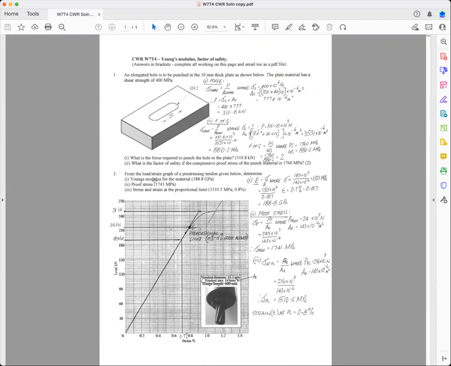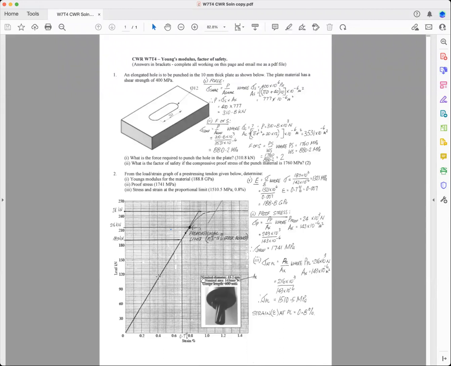Young's modulus is, modulus just means a number, and Young developed this, and it's the modulus of stiffness. And see the slope of this straight line section, that indicates how stiff the material is.